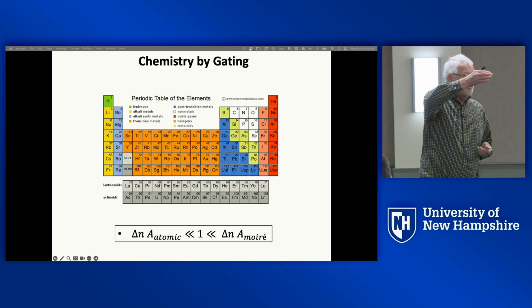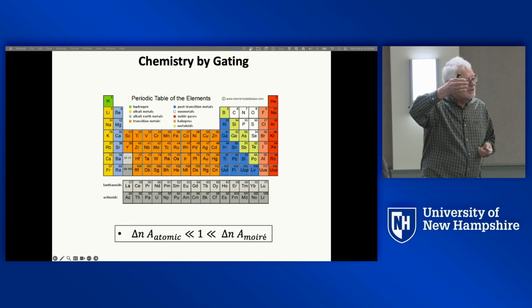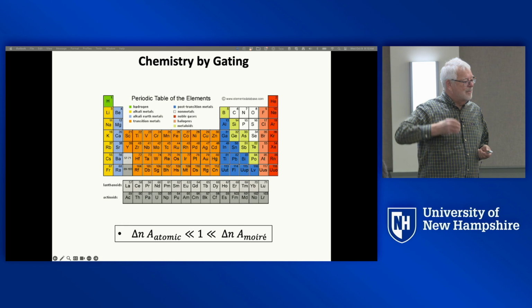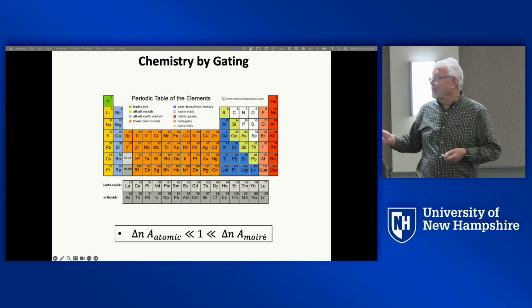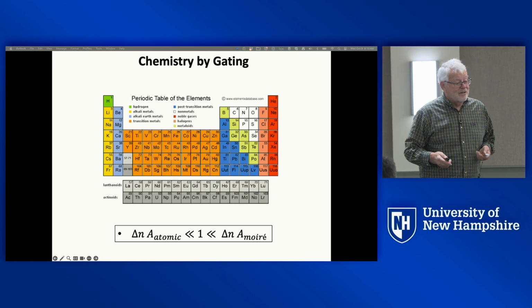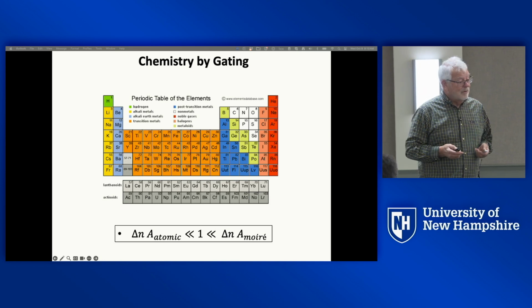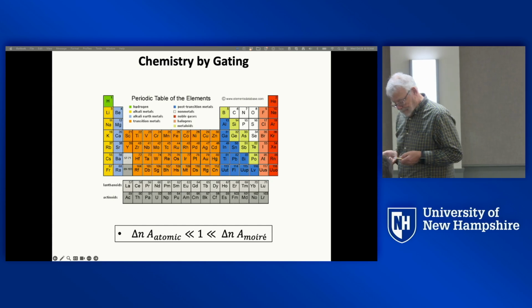And that means that we can, in effect, in these different worlds that we make, different periodic tables, move through the periodic table. Moving to the right in the periodic table, of course, is increasing the number of electrons per atom by 1. So we can do that in these worlds. Okay.